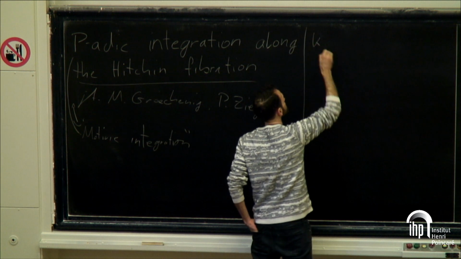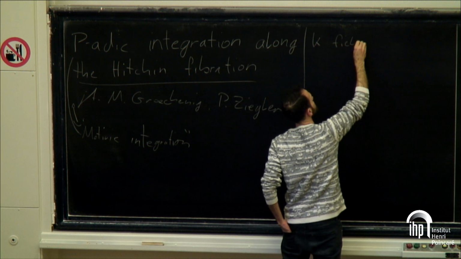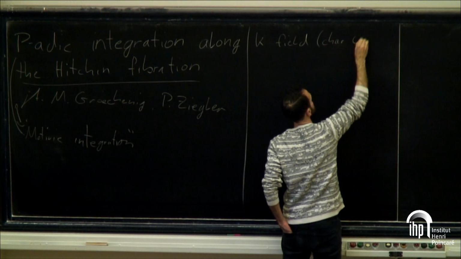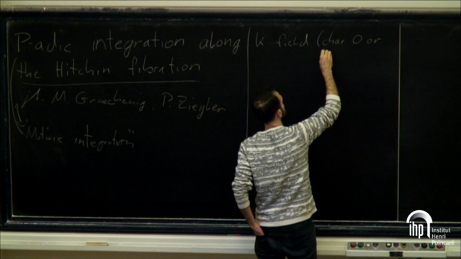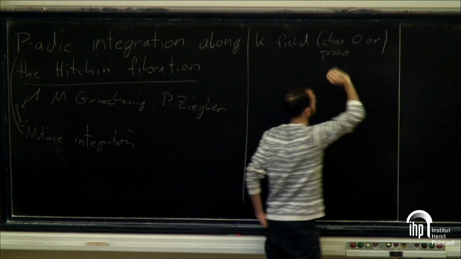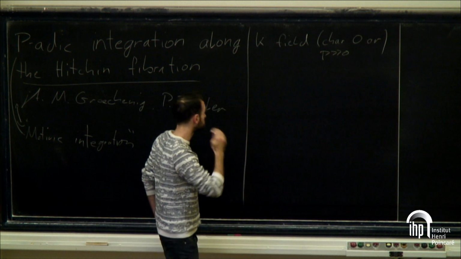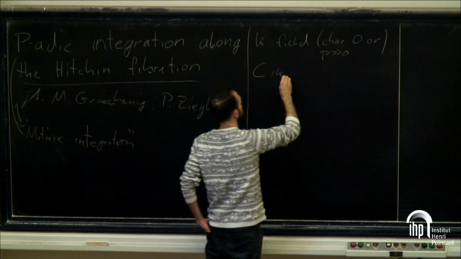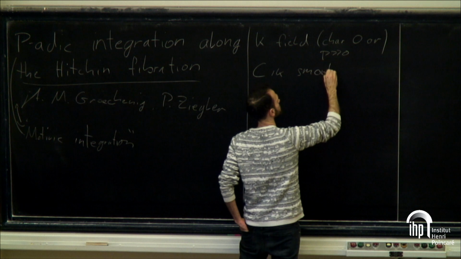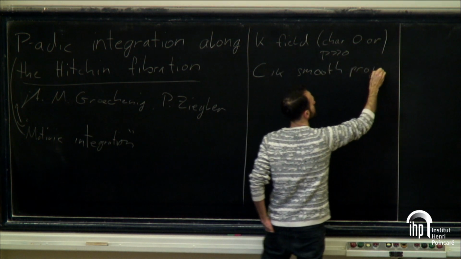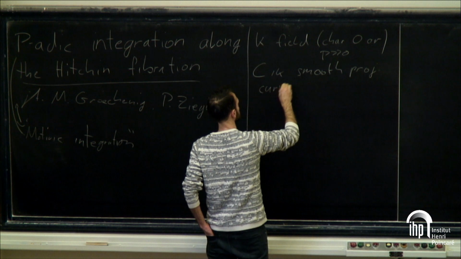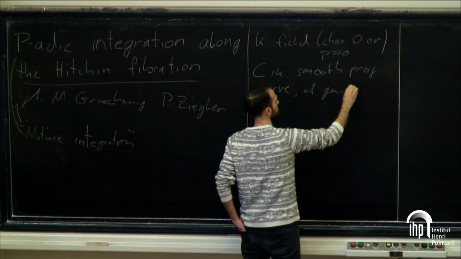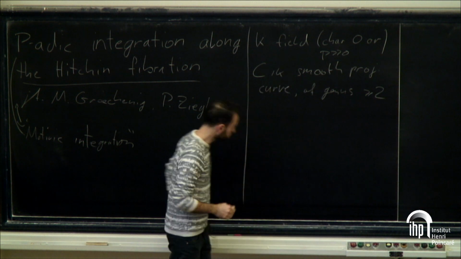So K will, for now, just be a field, maybe of characteristic 0 or p sufficiently large. I don't want to get into small problems. And C over K should be a smooth projective curve of genus bigger than or equal to 2.